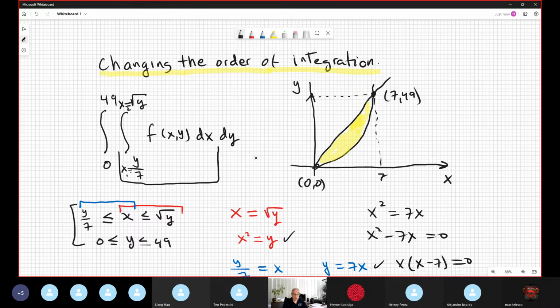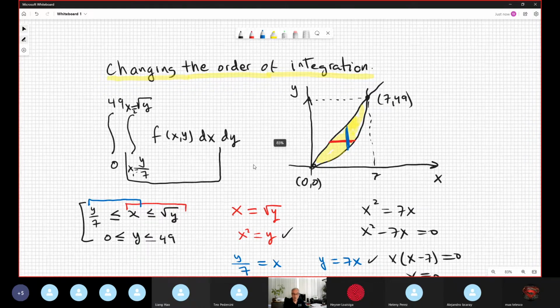Okay. And I also recognize that whoever set up this integral is integrating in this direction, because he or she integrates dx first. However, I need to change to this direction, and end the story.